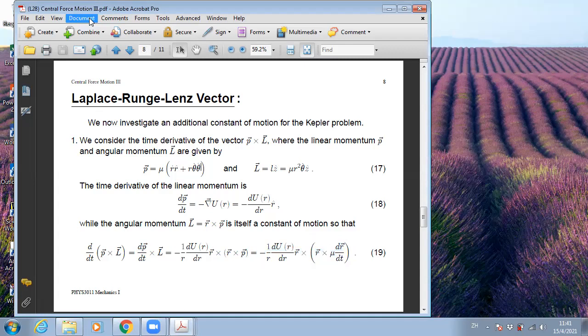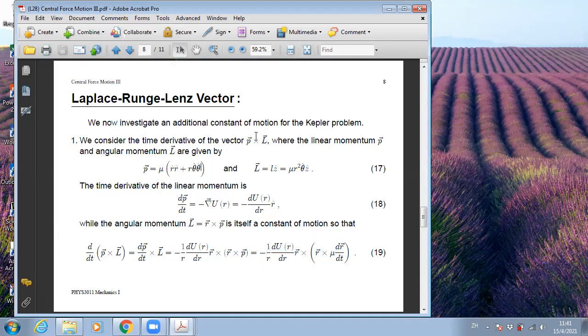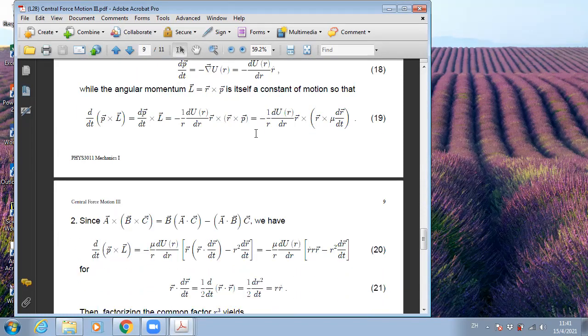Now, be careful. We have to do this slowly. Remember the triple product. This is the triple cross product.